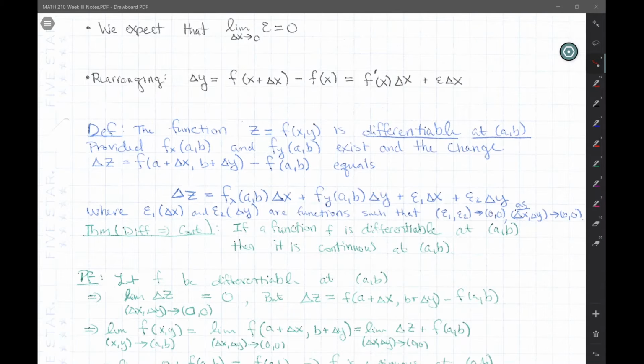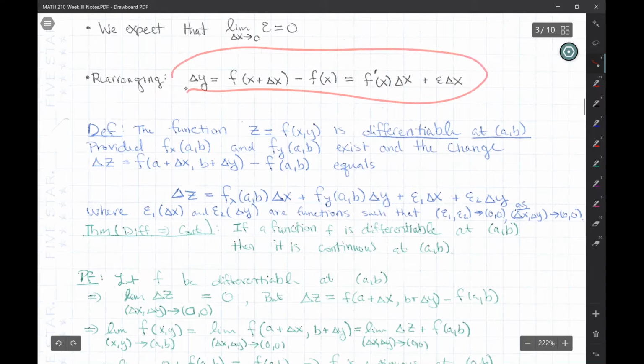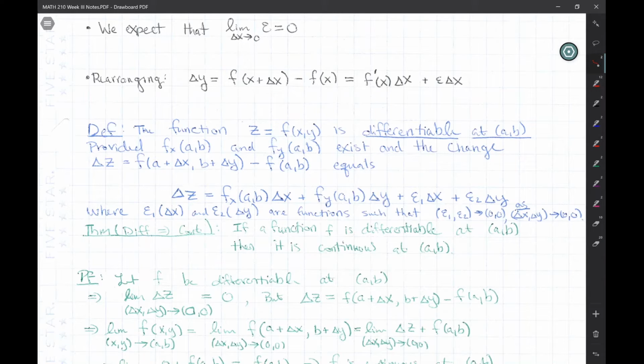So for a little more intuitive idea of the definition that's less formal, take a look at this equation here. What this equation is basically telling you is that the tangent line gives a fairly good description of the function when you're close to the point where you're evaluating the derivative.